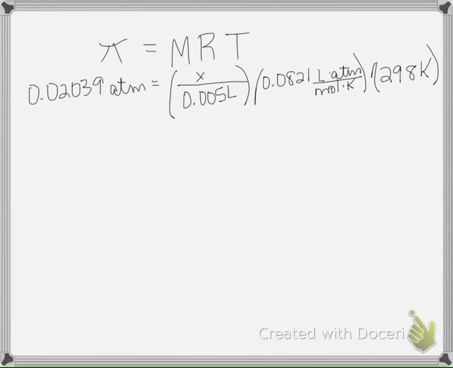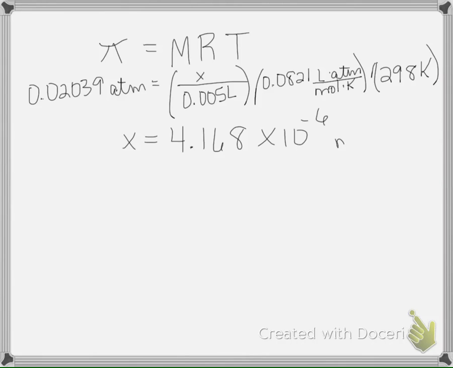So what I can solve for is X, which is moles of insulin. Solve for X. How do you solve for X, y'all? You've got to cross multiply and then divide. That's what I did. What'd you do?